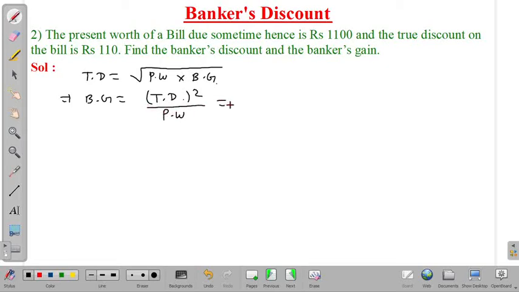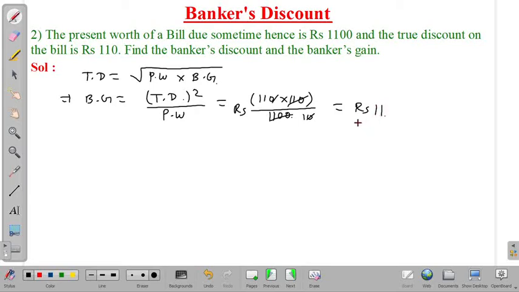Substituting the values of true discount and present worth, we get 110 into 110 divided by the present worth, 1100. So this we will get as 11, so rupees 11 is the banker's gain.